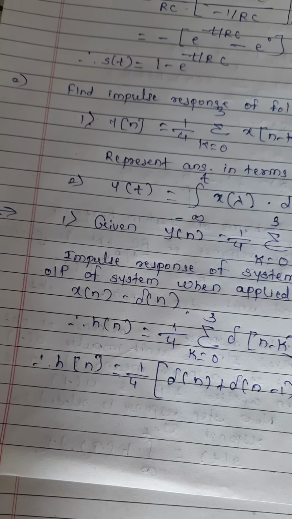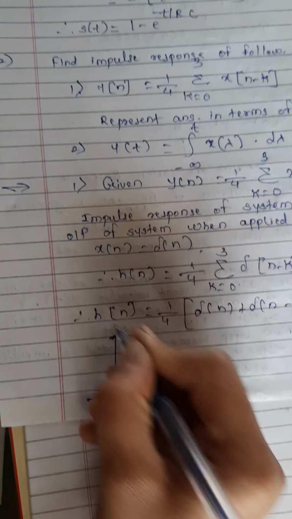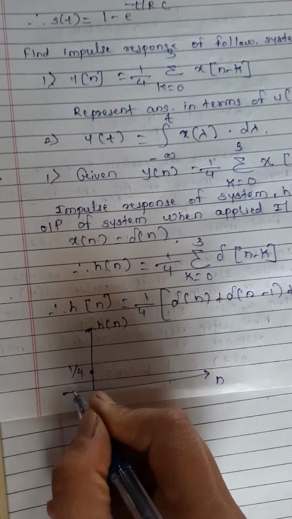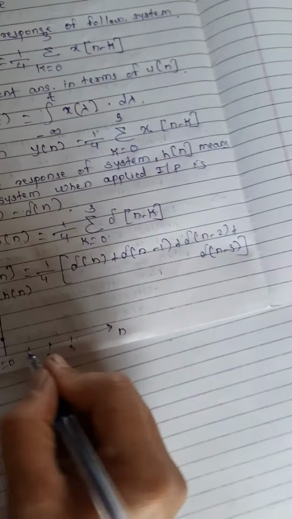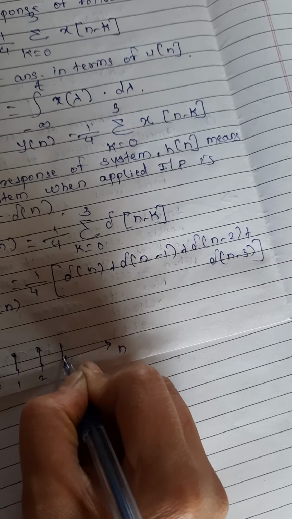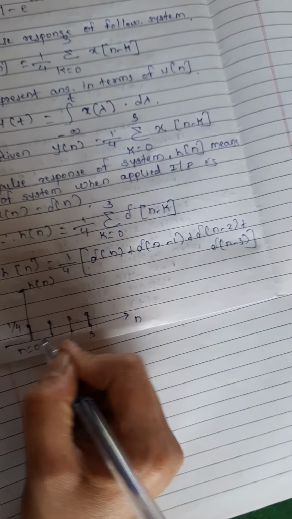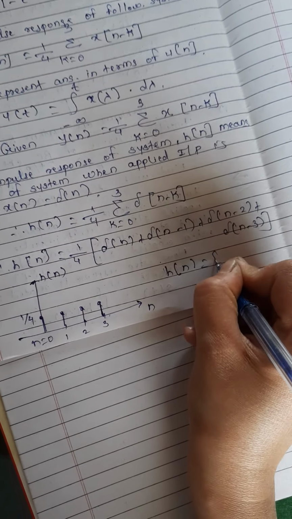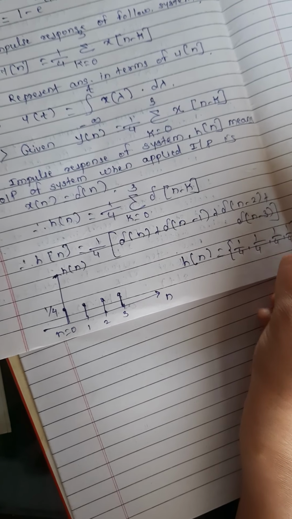Now we will draw the diagram for this. So it is h of n versus n, it is 1/4 for n equal to 0, 1, 2, 3. So we can represent this h of n signal as 1/4, 1/4, and so on.